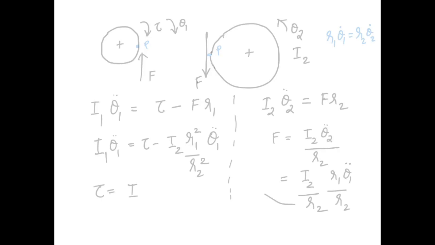Taking this term to the left side and putting all those terms together, it will be I1 plus I2 R1 square divided by R2 square, times theta 1 double dot, equal to tau. Make sense?